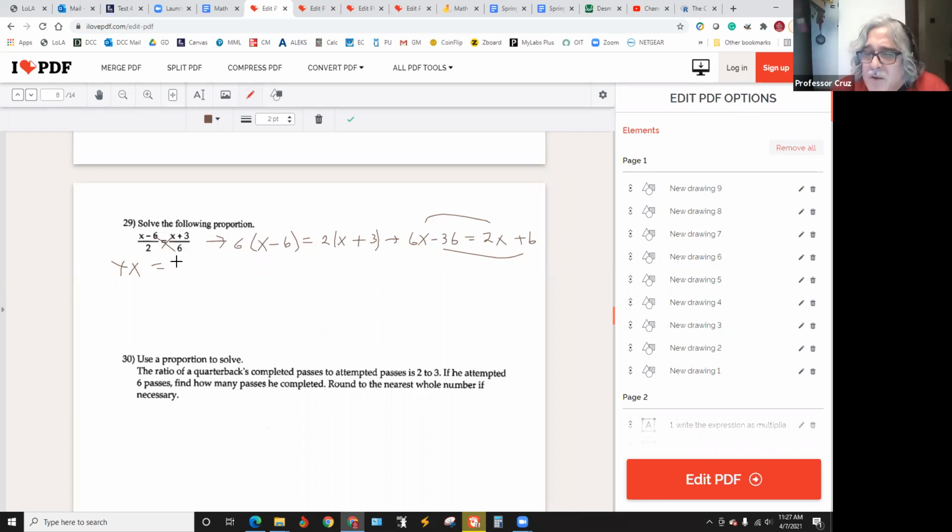All right, let's make sure. So 2x subtract is 4x. 36 plus 6 is 42. All you can do is just go down to 21 over 2.